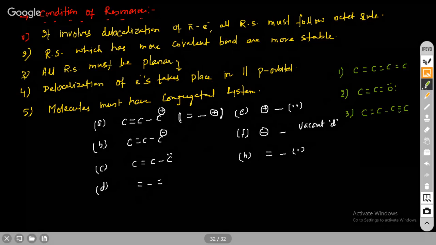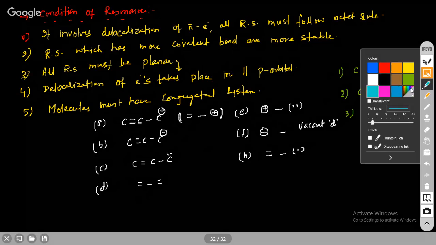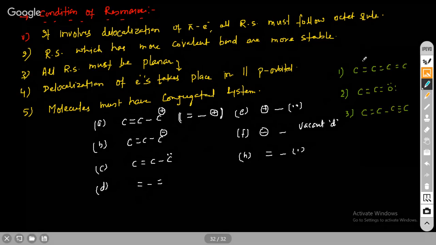See, the first one, if you compare, it has a pi bond, then we have sigma and then we have pi. We have one more pi here, but that is not our concern. Our concern is pi sigma pi, so this is a conjugated system.